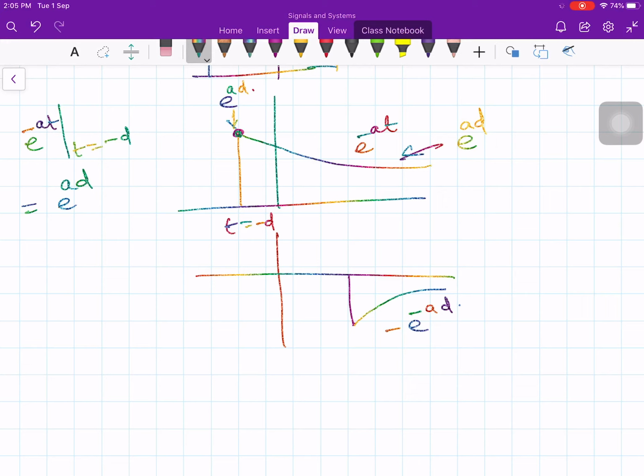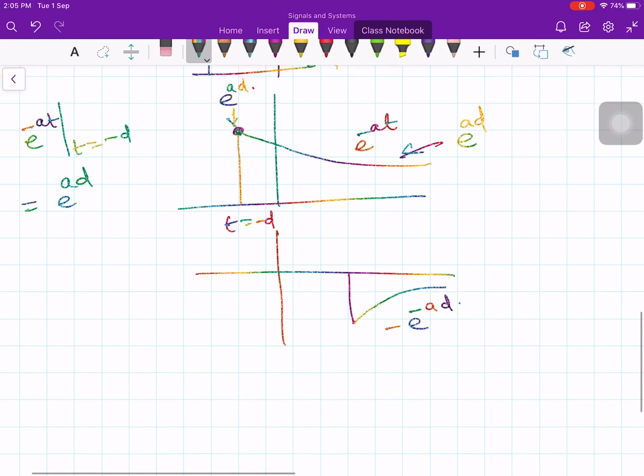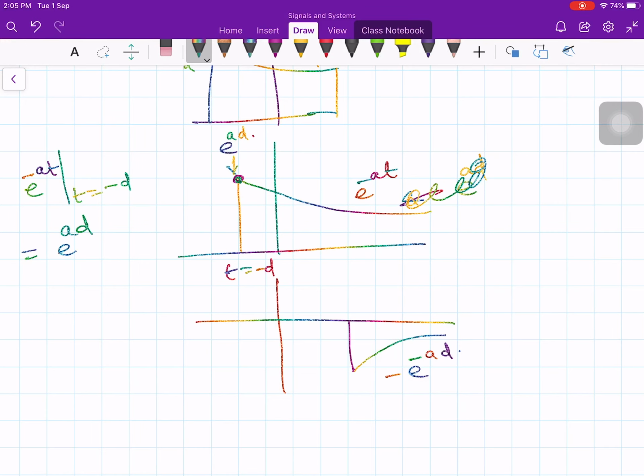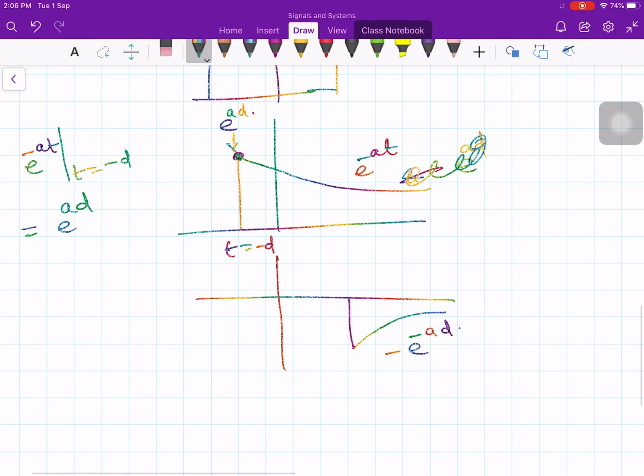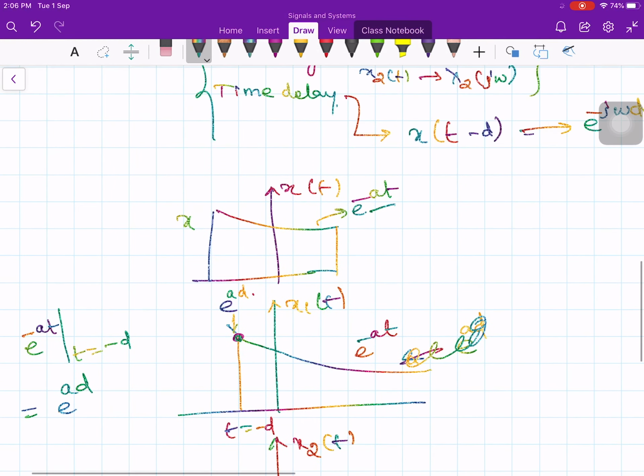Let me not confuse this one, let it be as it is. Then we have to find the Fourier transform. Let me call this x1 of t, and the Fourier transform of this one let me call x2 of t, and add these two, that's all. Then that will give you the Fourier transform of this x of t.